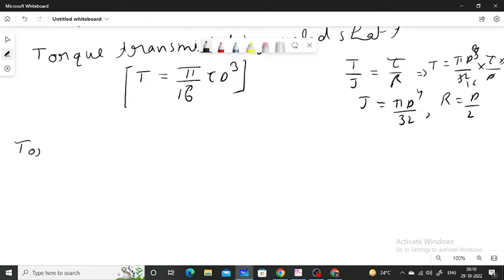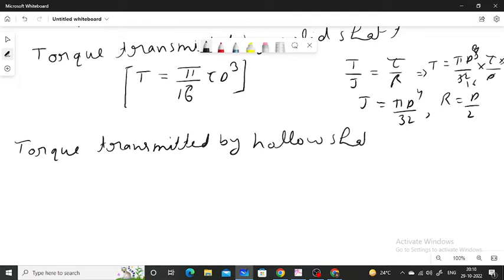And the torque transmitted by the hollow shaft: T will be equal to pi by 16 tau into d outer to the power 4 minus d inner to the power 4, upon d outer.